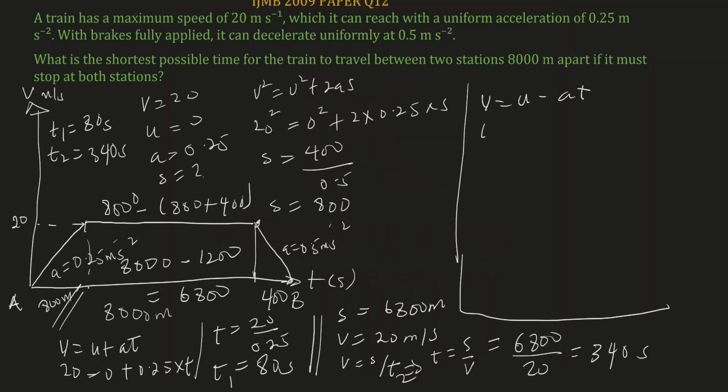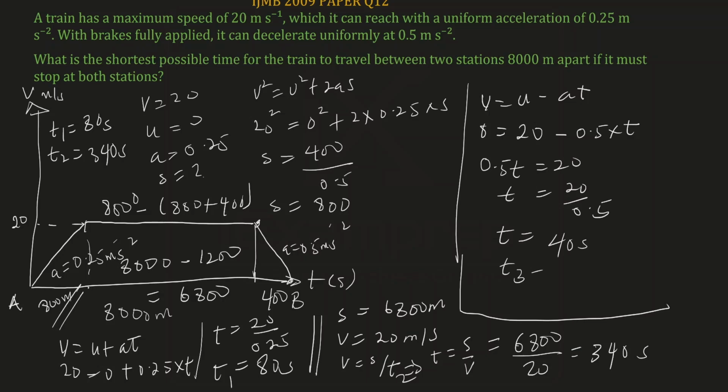The final velocity is 0, the initial velocity is 20, minus the deceleration 0.5, so 0.5 times t. That means we have 0.5t equals 20. Then t will be 20 over 0.5, which will give 40 seconds. So t3 is 40 seconds. So the third time is 40 seconds.